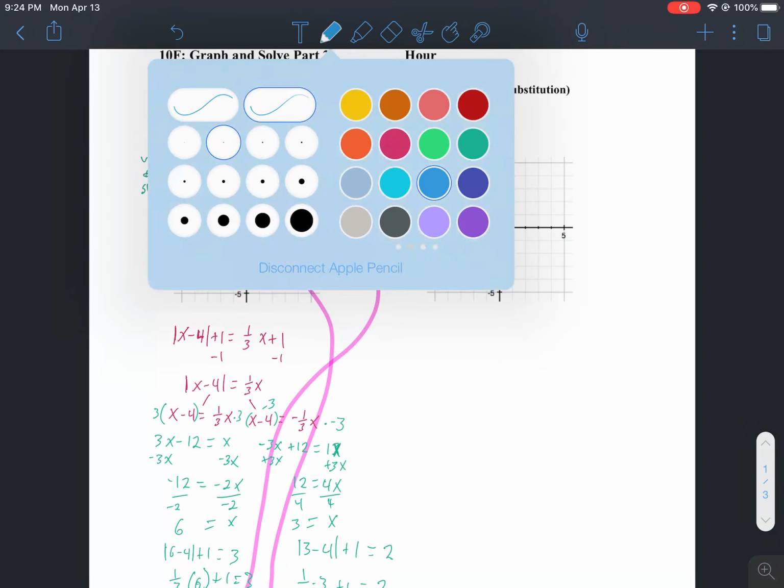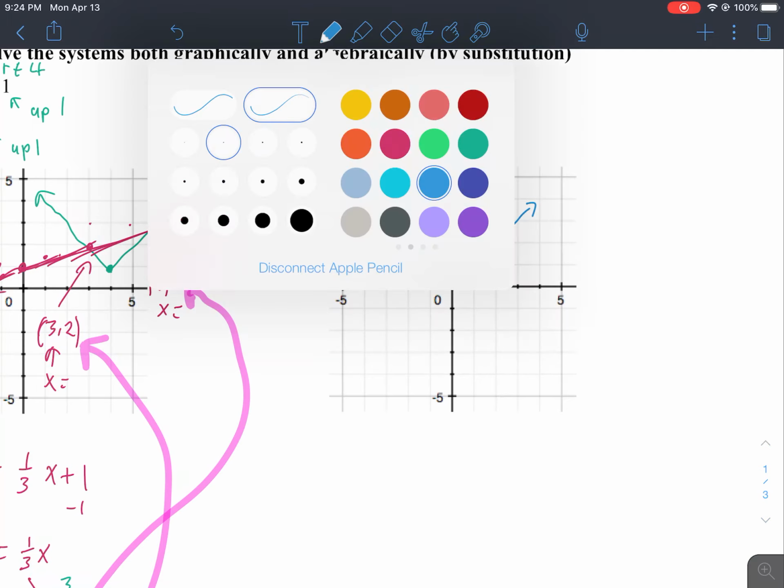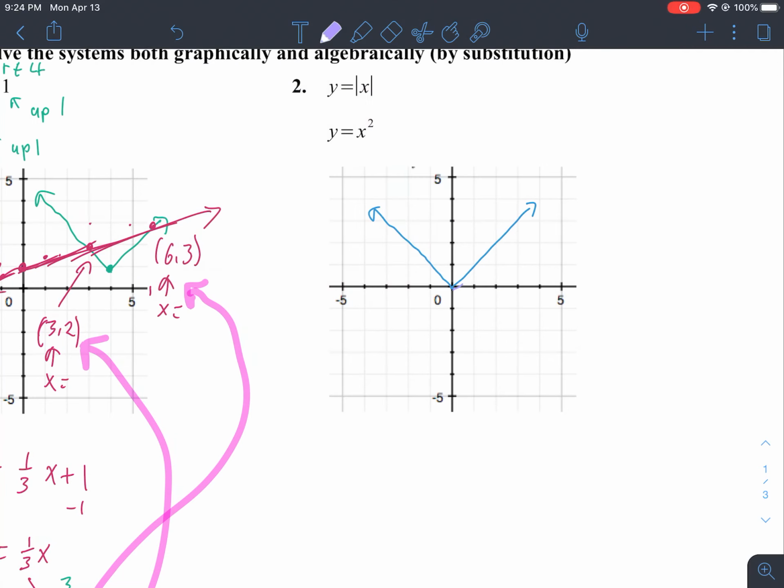Okay, so let's see if this bad boy looks well. So the absolute value of x is there, and y equals x squared is here. Over 1 up 1, over 2 up 4. Over 1 up 1, back 2 up 4.